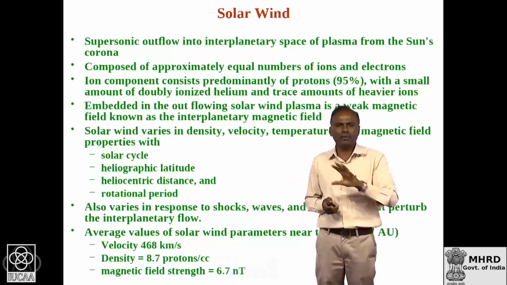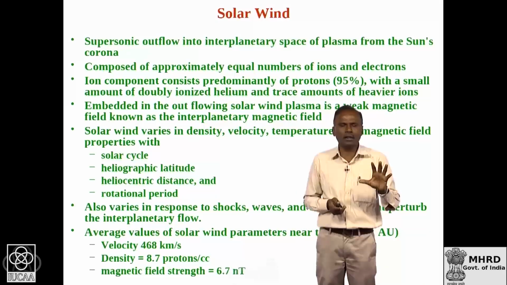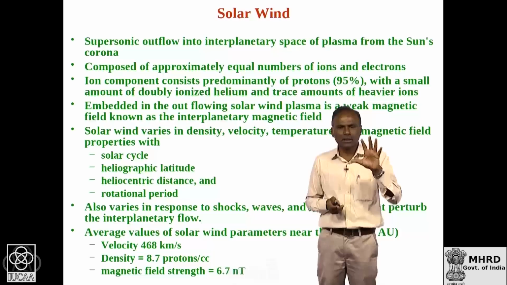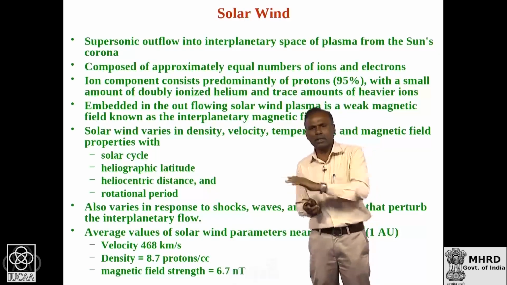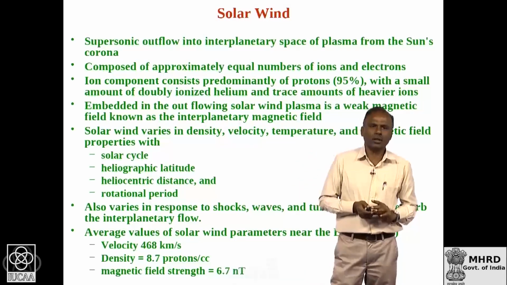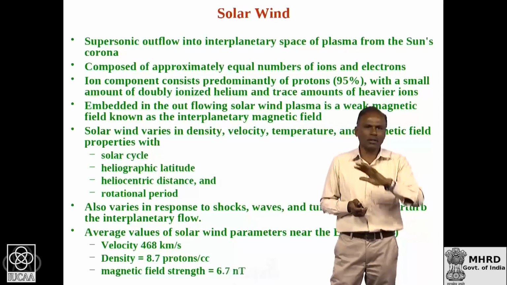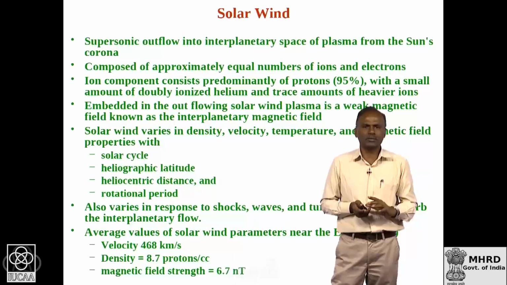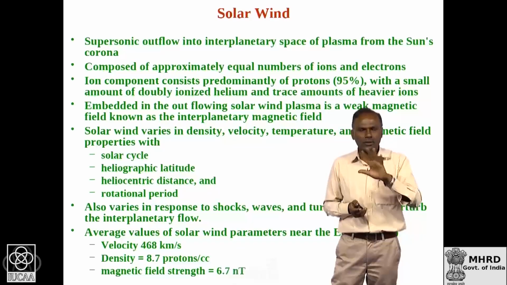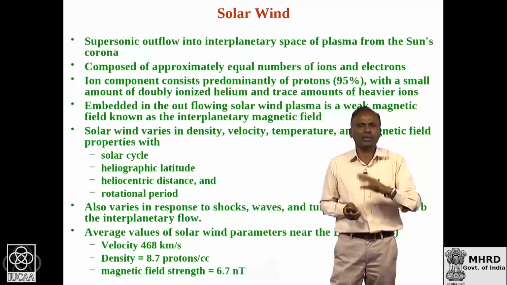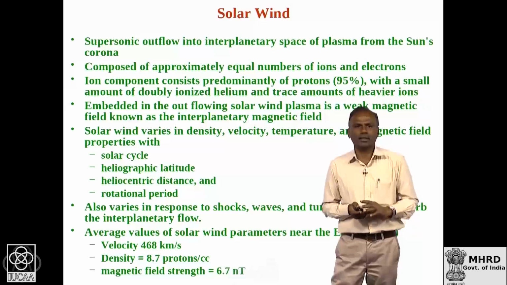If you have several mid-latitude coronal holes on the sun, the coronal hole properties are reflected in the solar wind. Sometimes you see a blank disk, so the solar wind properties are dominated by the blank region on the sun.